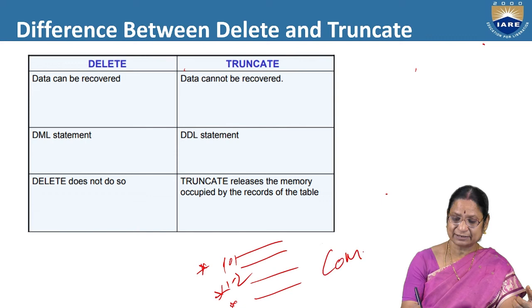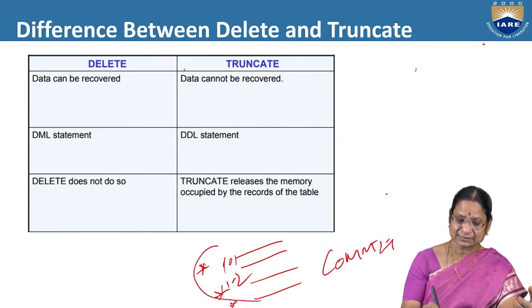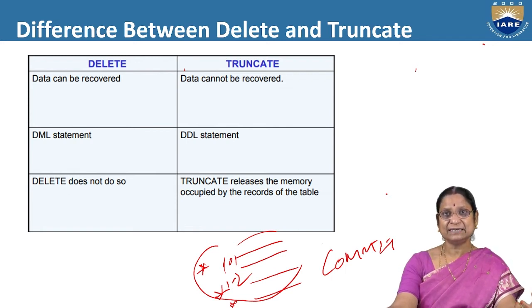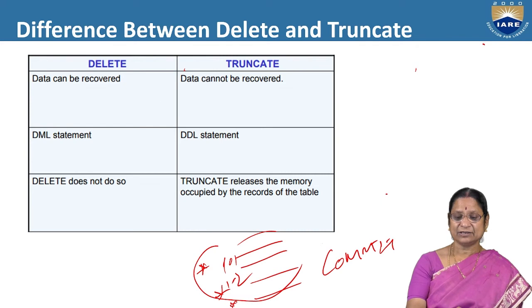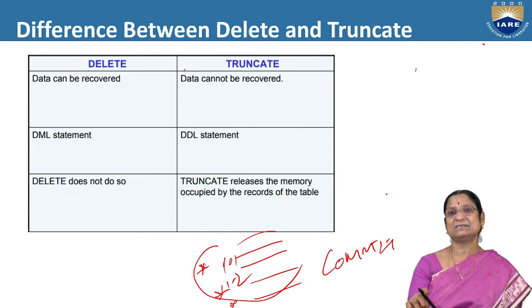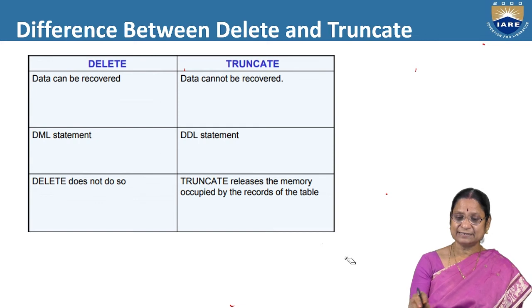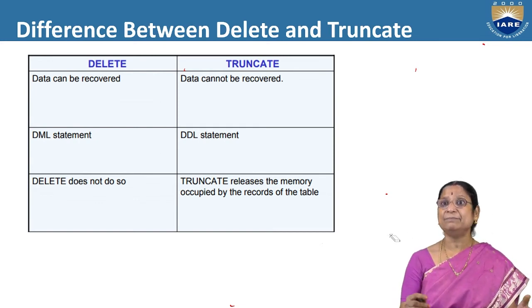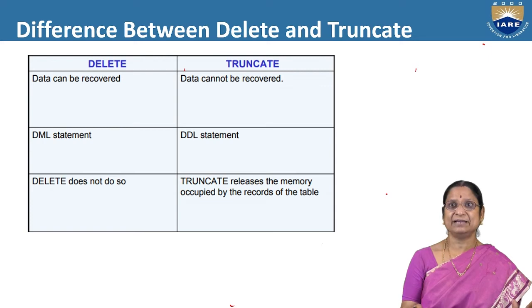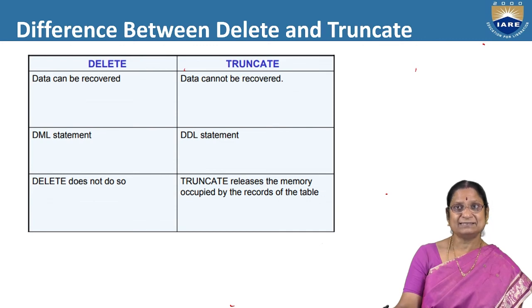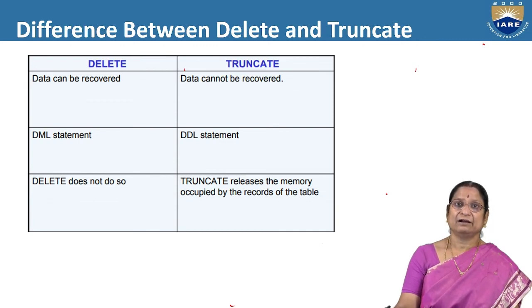When commit happens, only then are these delete-marked records deleted. So once the delete command is executed, they are not deleted, and memory space is not freed. After commit only, memory space is freed. But not in the case of the truncate command. Truncate releases the memory occupied by the records of the table immediately. As we discussed, being a DDL, it cannot be recovered back. When the data is deleted, automatically the space is sent back to the OS.